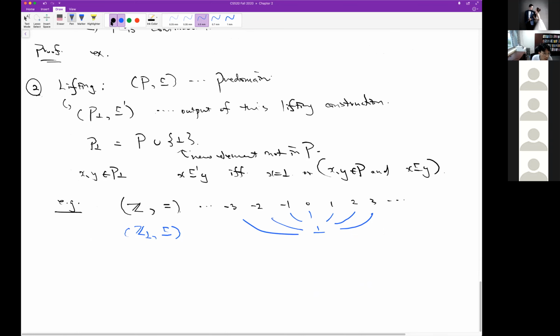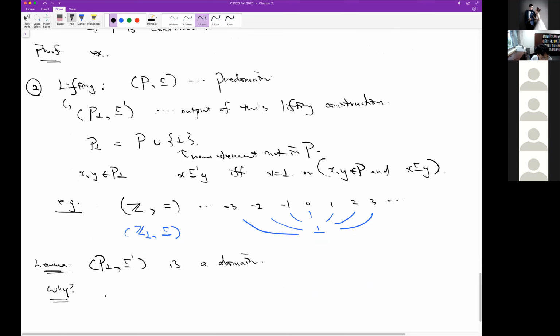And a simple fact that you can check is that this P bottom with this less-than-or-equal prime is a domain. Why is this the case?